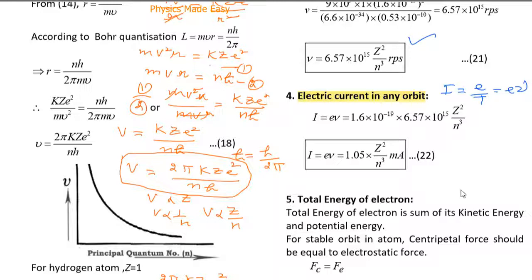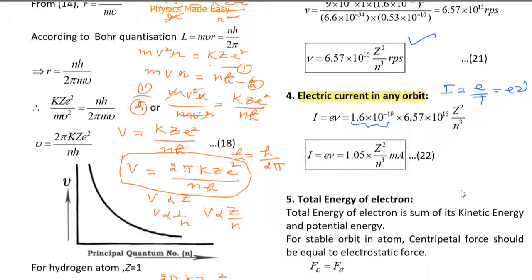Now I fill the value of electronic charge, which is 1.6 into 10 raised to power minus 19, and then the value of nu, 6.57 into 10 raised to power 15 Z square by n cube.